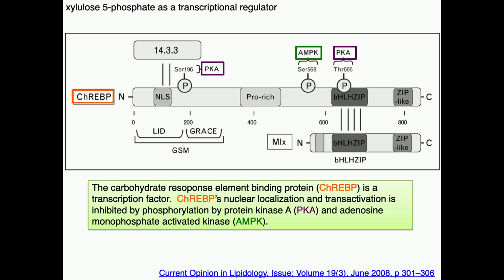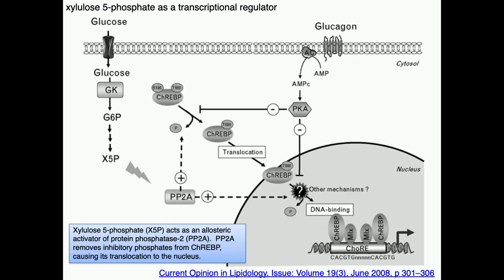They're both phosphorylated by protein kinase A, but they're regulating a different subset of genes. The different domain structure is shown here. That's not terribly important. But the importance in metabolism is in their role, the carbohydrate response element binding proteins, in transactivating genes that are involved in lipogenesis.